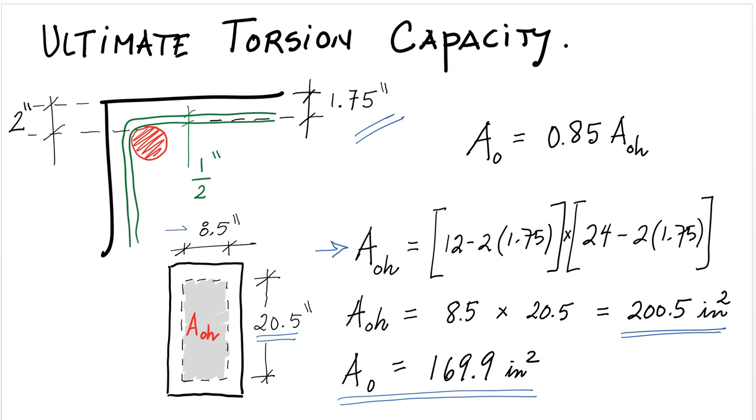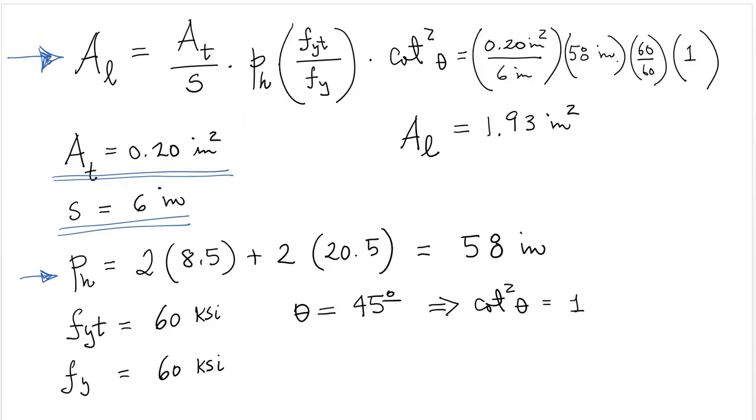These are the values right here that give us the perimeter of the center line of the transverse reinforcement. That gives us a perimeter of 58 inches.